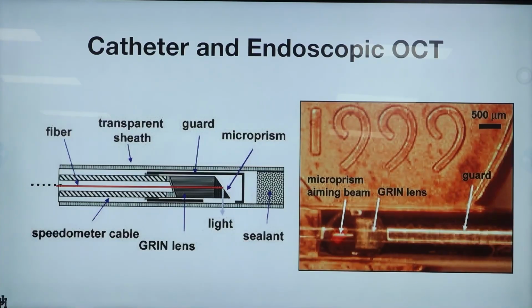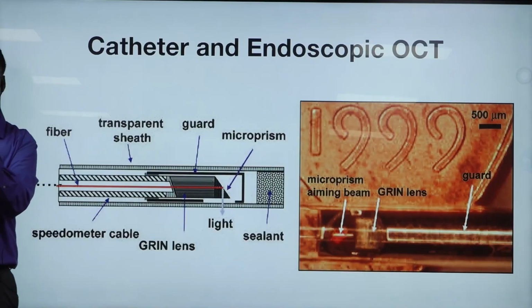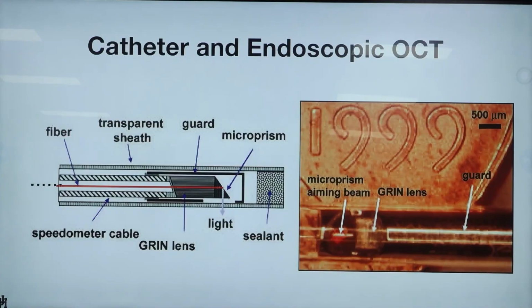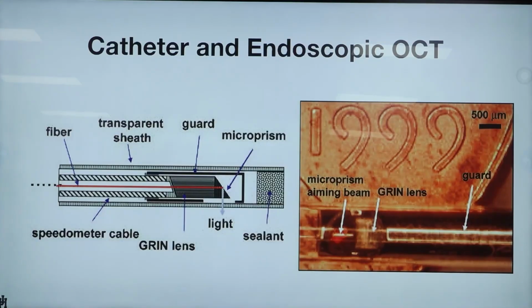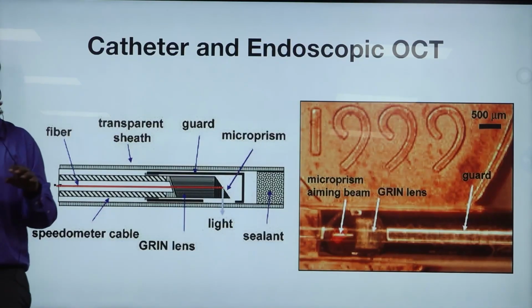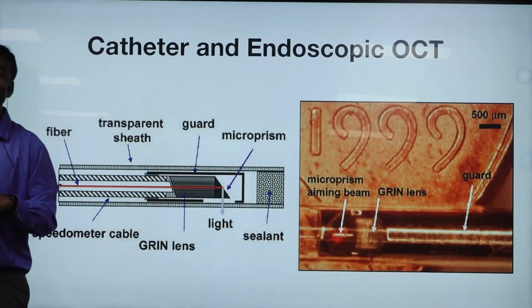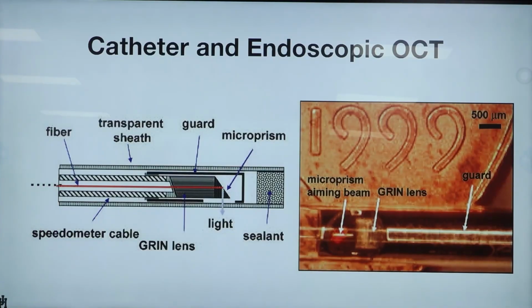There is some way to get images out of it, and typically optical fiber bundles are used. It's movable and flexible, so you can put this in and see inside different organs and different parts.